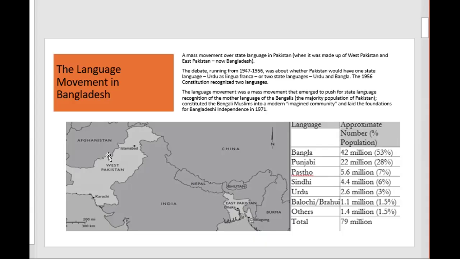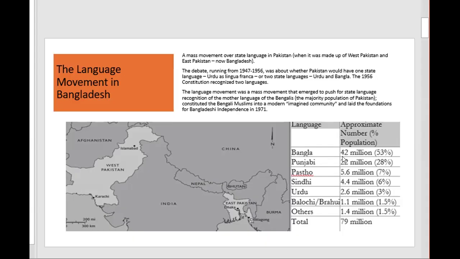But even within the debate about what would be the state language, Urdu was the language of the elite class, the muhajirs, and they wanted to use that as the lingua franca for all of it. Their argument was that because it's such a multi-ethnic, multilingual nation, there's no singular commonality.